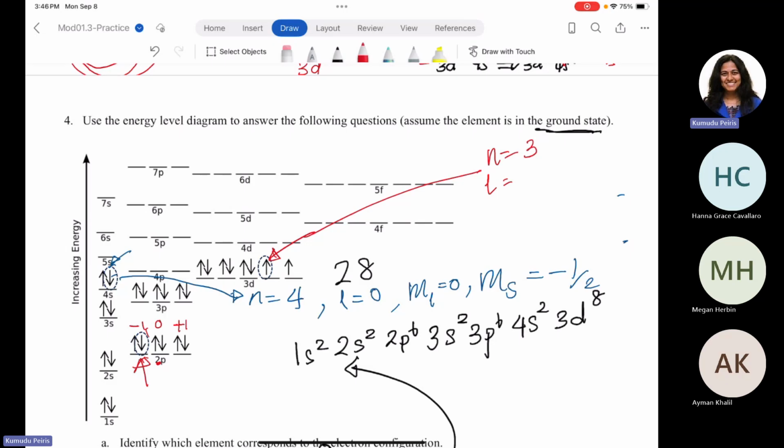In d orbitals. Here s equals 0, p equals 1, d equals 2, f equals 3. So since that electron is in d orbitals, the L value should be equal to 2.